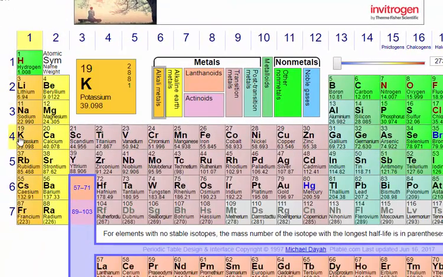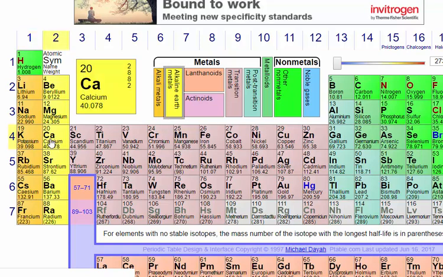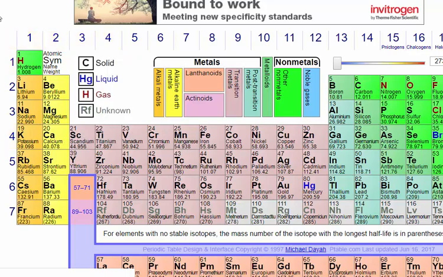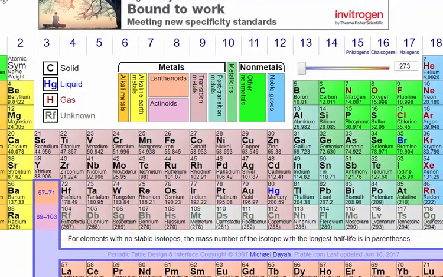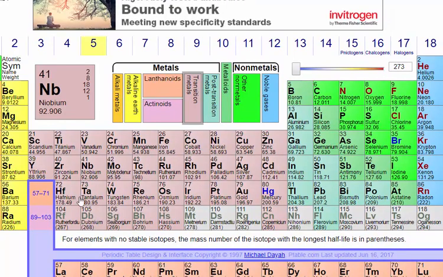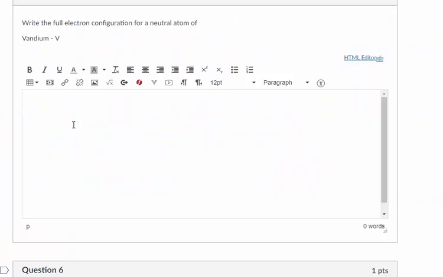So because of where it is on the periodic table, these two elements here fill up 4s2. And I know vanadium is in the 3d shell. So I'm going to go back here and start typing in. I know I want to go to the 3d.